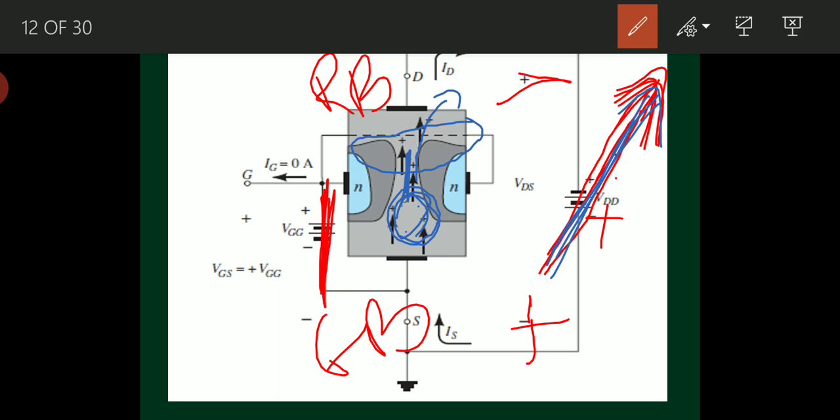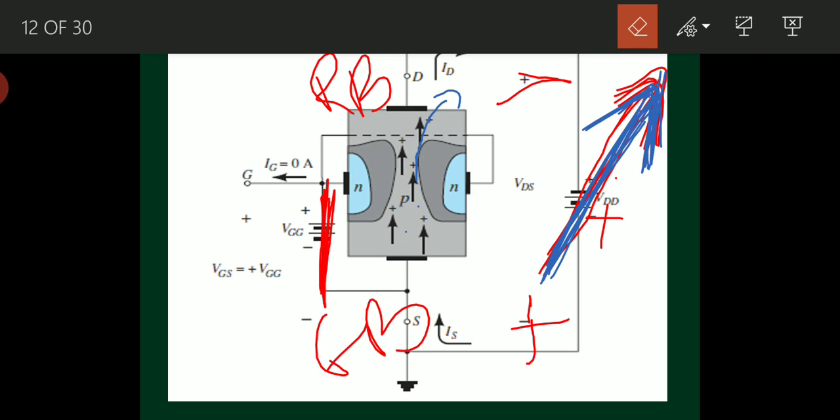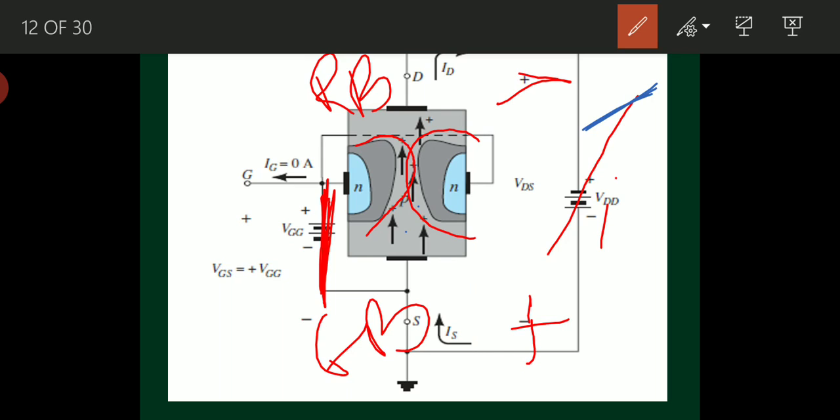Why? Because if I go on increasing this reverse bias, this VDD now, the depletion region here goes on increasing. By this, what will happen if I increase the depletion region much more here? Literally, they would touch each other. But still they can't touch.